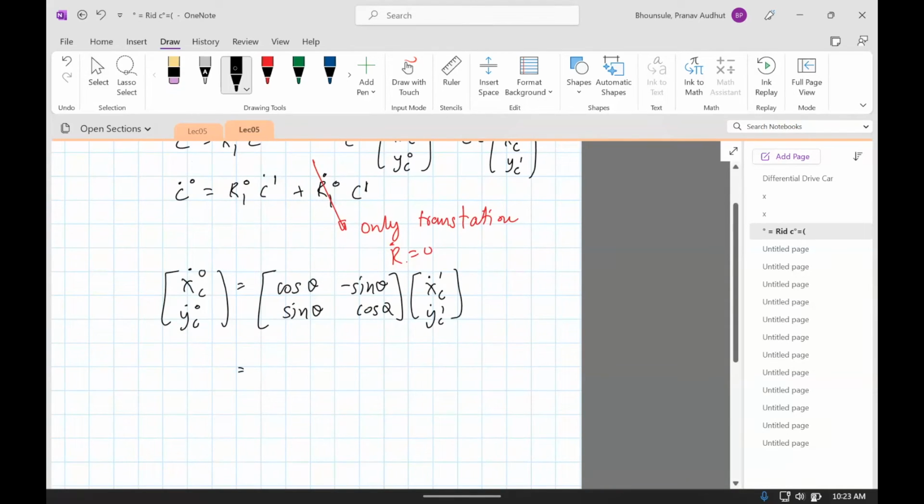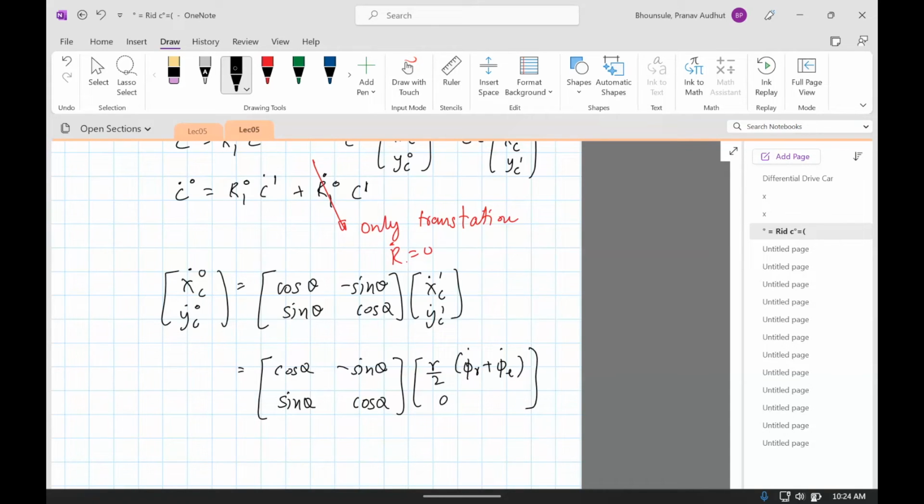But we know something about x dot c1 and y dot c1: x dot c1 is r divided by 2 times phi dot r plus phi dot l, and y dot c1 is 0.